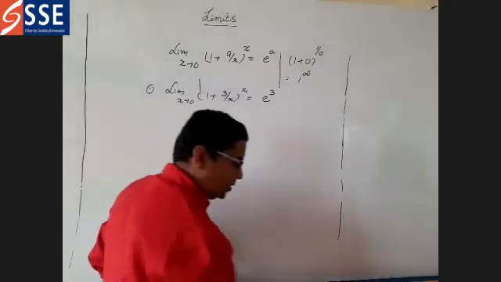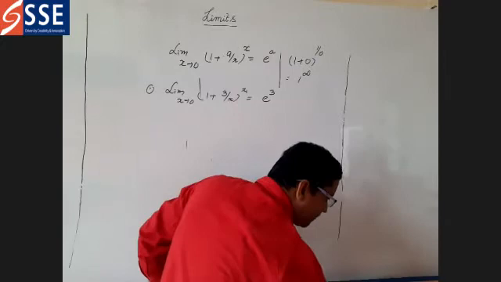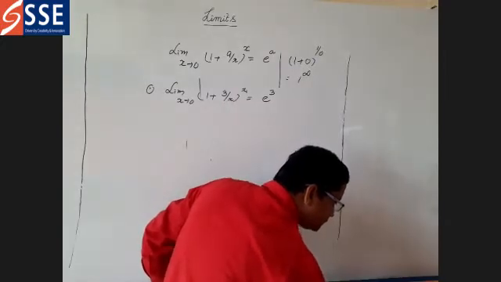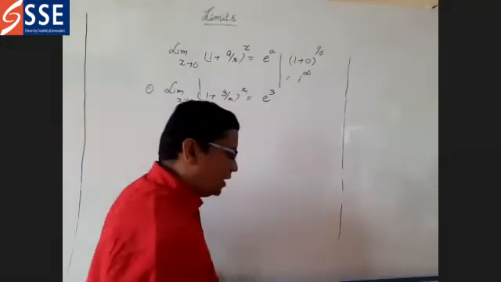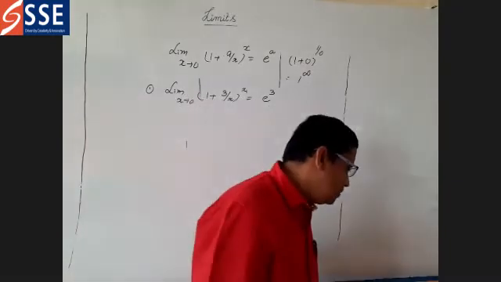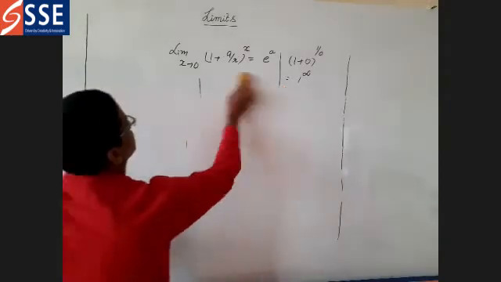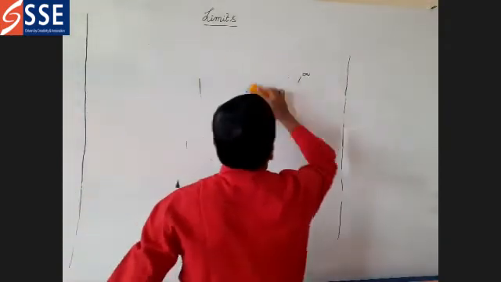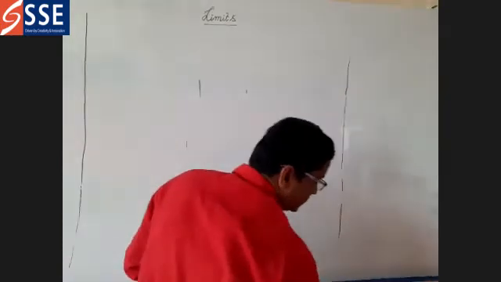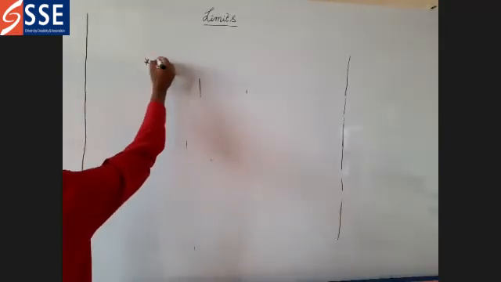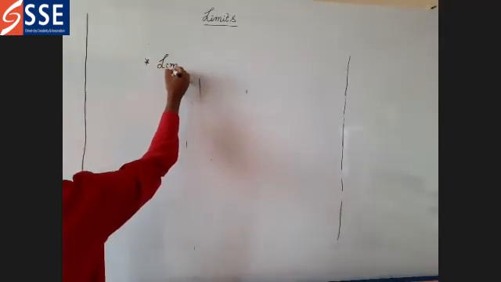What we are going to do, what we learn now. So now we go on to one another. After the limit x tends to 0, I'm going to write one more formula.